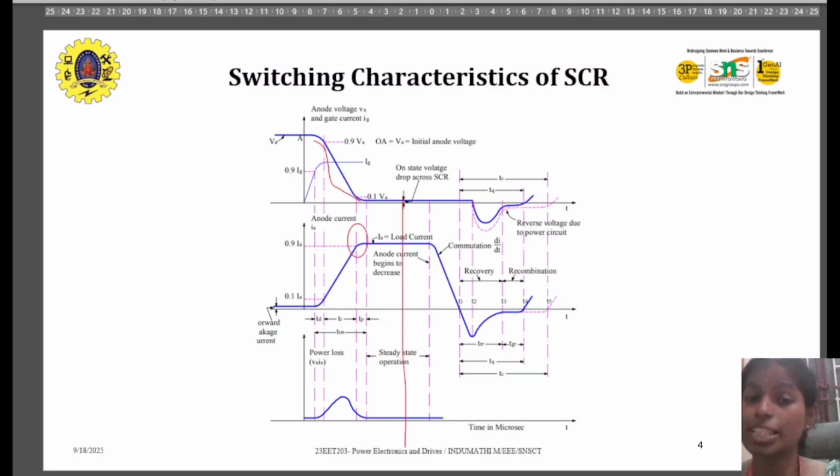So here we have reverse recovery time. The carriers in the outer junctions recombine and the reverse current flows briefly. And in the gate recovery time, the carriers in the inner junction recombine. So the SCR fully regains its blocking capacity and the device switches off.